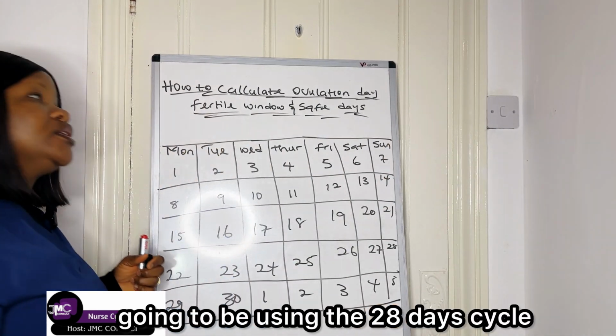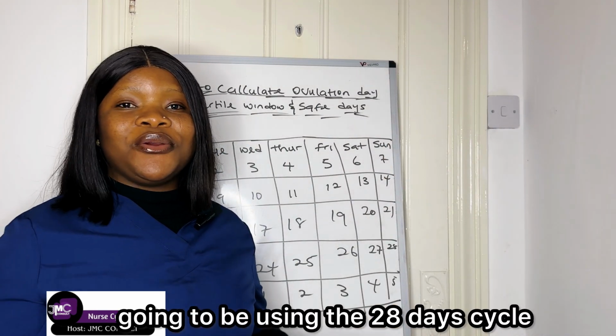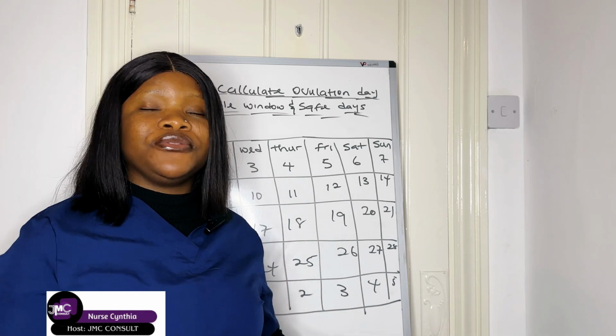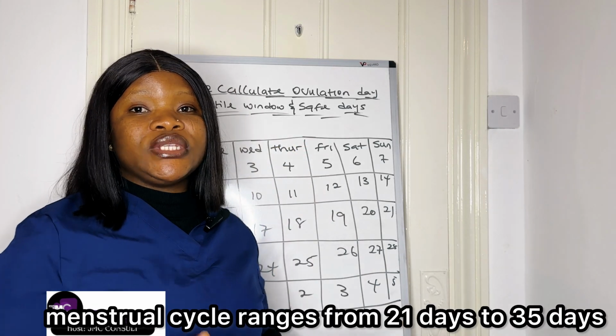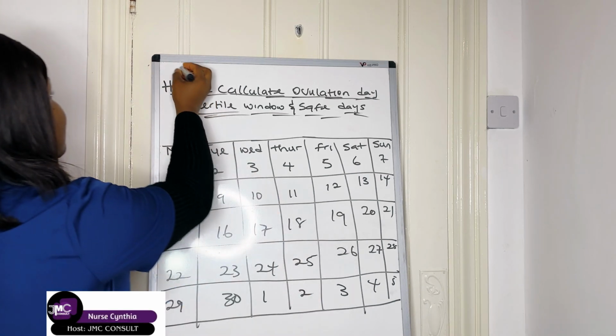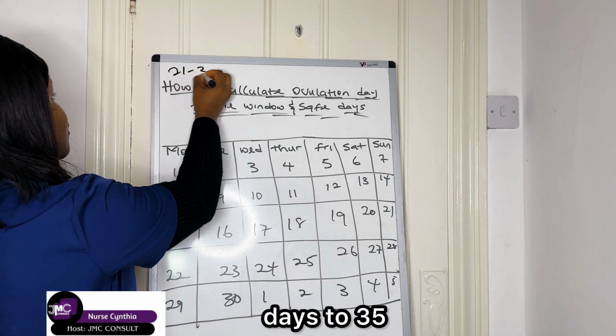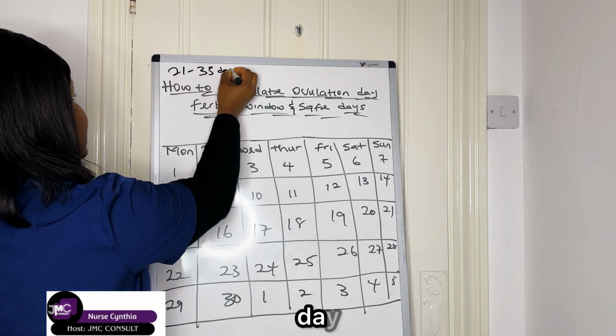I'm going to be using the 28 days cycle, which is an average menstrual cycle of a person. However, menstrual cycle ranges from 21 days to 35 days.